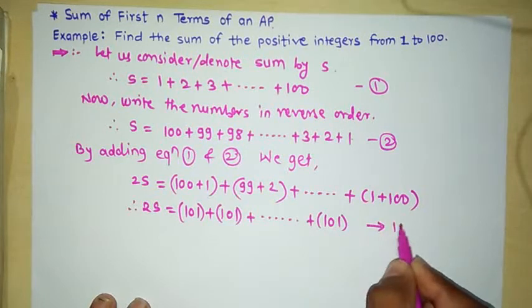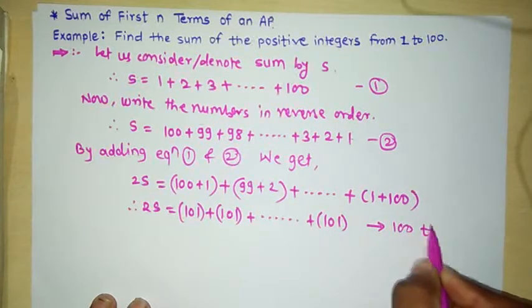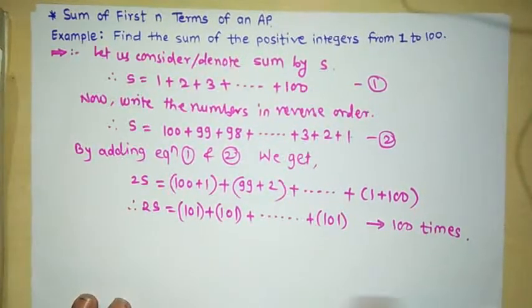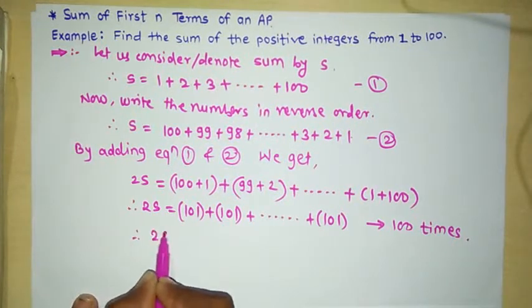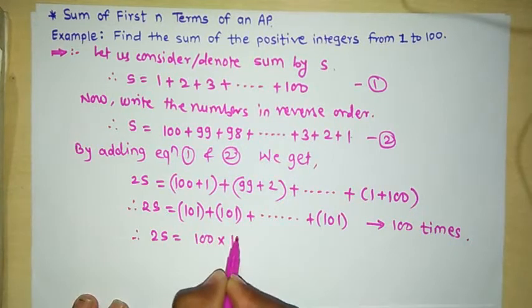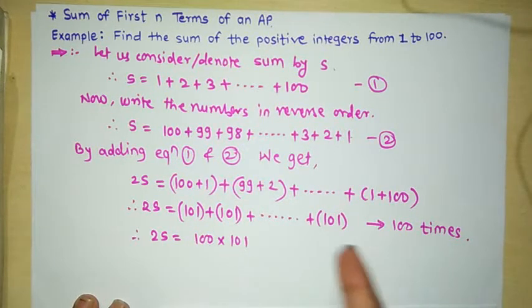It will come 100 times because there are 100 numbers. Therefore, 2S is equal to 100 into 101.